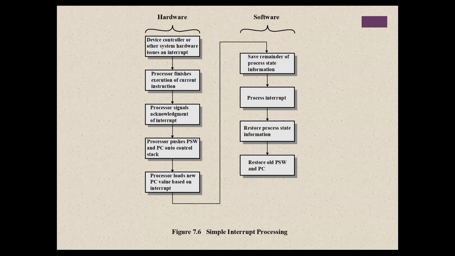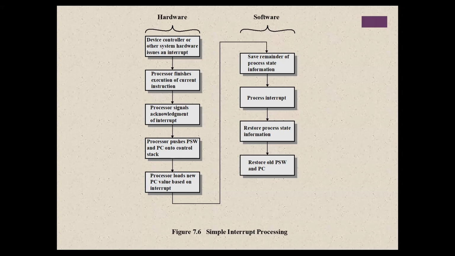So the minimum information required is the status of the processor, which is contained in the register called program status word, PSW, and the location of the next instruction to be executed, which is contained in the program counter, as we know. So these can be pushed onto the system control stack.